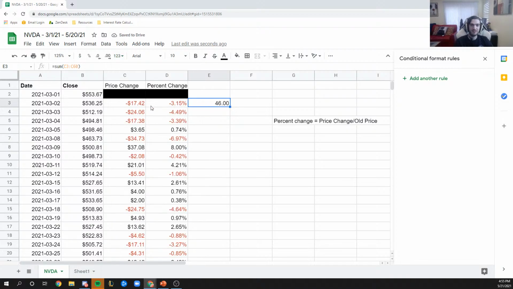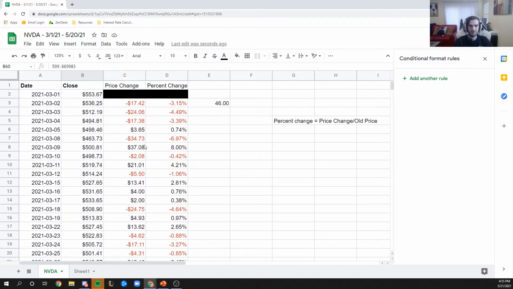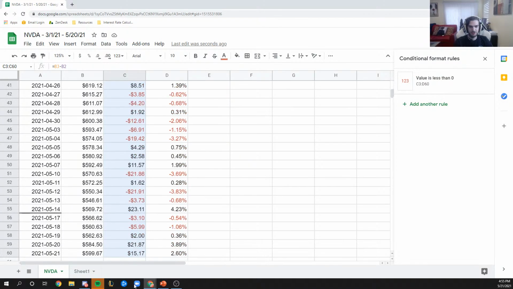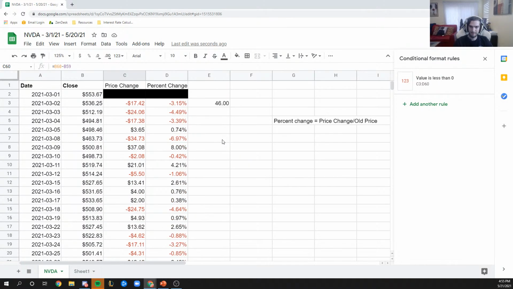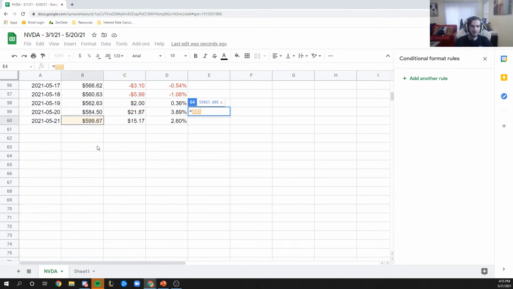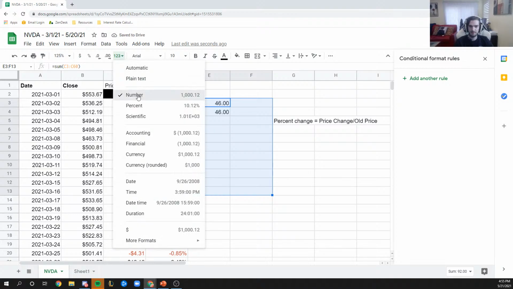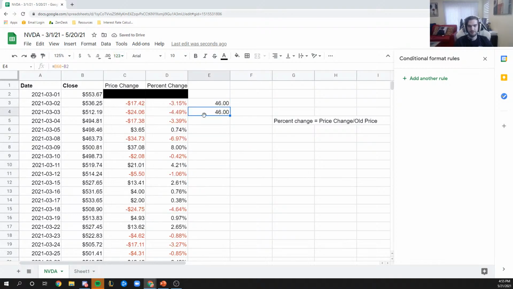What this is, is the price change between the current price and the old price, because this is adding up all of the different price changes together. And this should be the same number as if we did today's price minus the old price. If we put that into numbers as well, ta-da, $46.